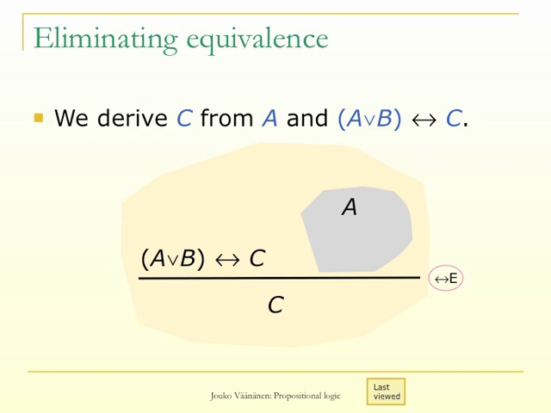For this to work, we have to somehow deduce A or B. So what do we have? What can we use to deduce A or B? One of our assumptions is A, but of course we can deduce A or B from A. This is just the disjunction introduction rule. So we are ready.